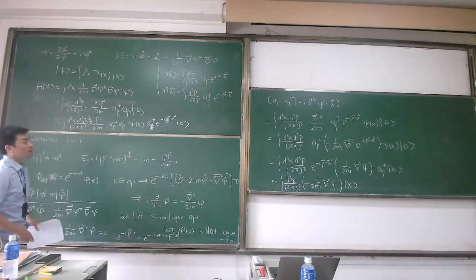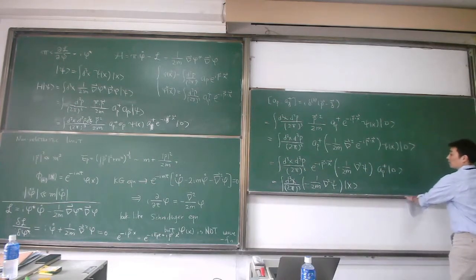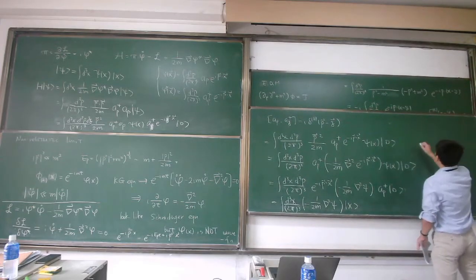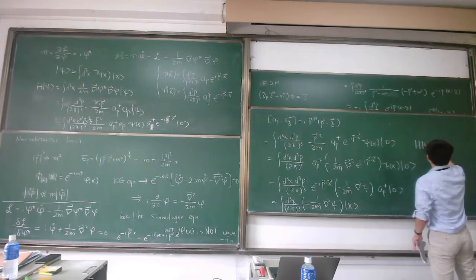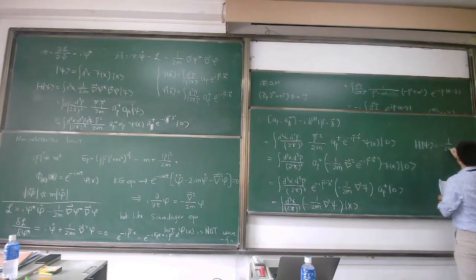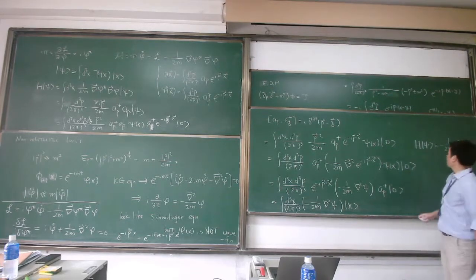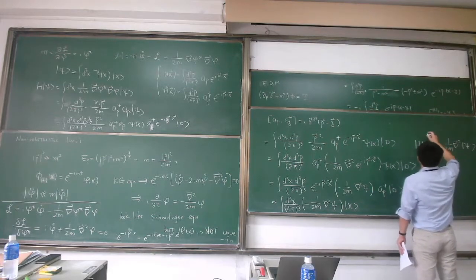So therefore, the Hamiltonian is really acting like 1 over 2m nabla squared acts on psi. So this is exactly the Schrodinger equation we want to have.